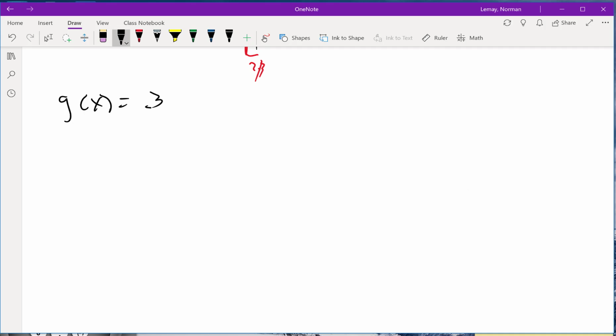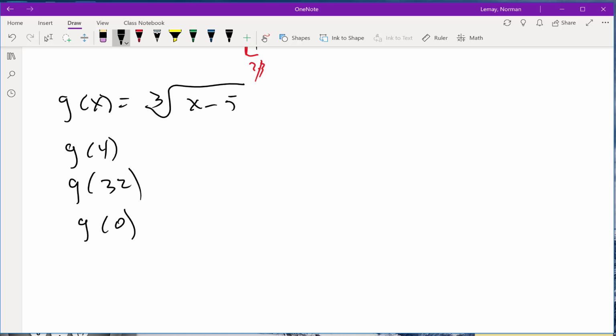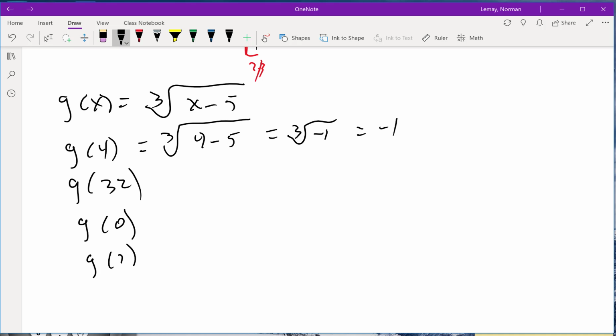All right, so let's take a look at another function, call it g of x is equal to the cubed root of x minus 5. And let's take a look at g of 4, g of 32, and I want to throw in g of 0, and g of 1. This is the cubed root of 4 minus 5, which is the cubed root of negative 1, which is negative 1.